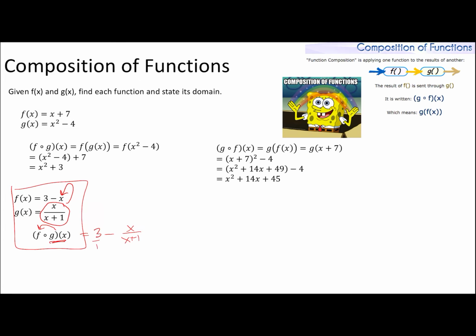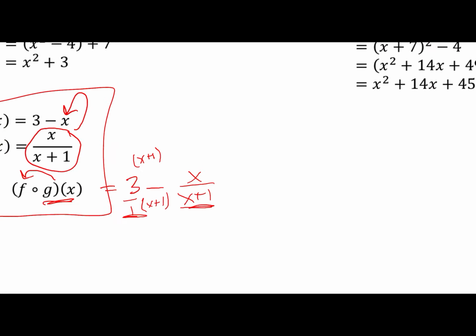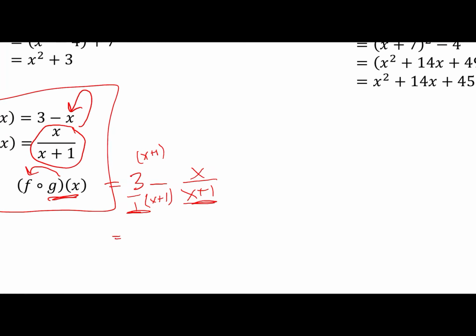So the only way to simplify this is to get a common denominator, and 3 over 1, so we don't have anything common yet. So I need this x plus 1 to show up on the bottom over here. So remember how you do that. You have to multiply top and bottom by the same thing. So we're going to multiply top and bottom here by x plus 1. This is going to come up in the next unit, so that's why we're practicing this.